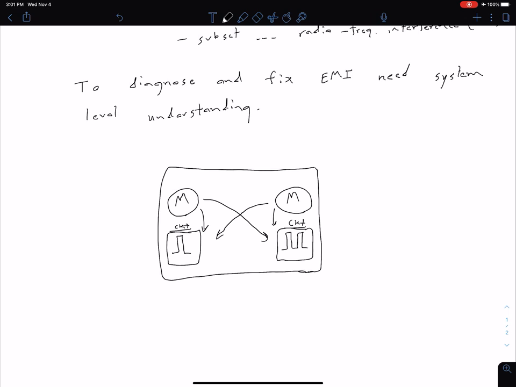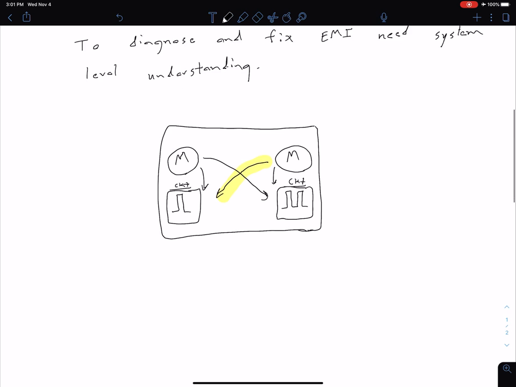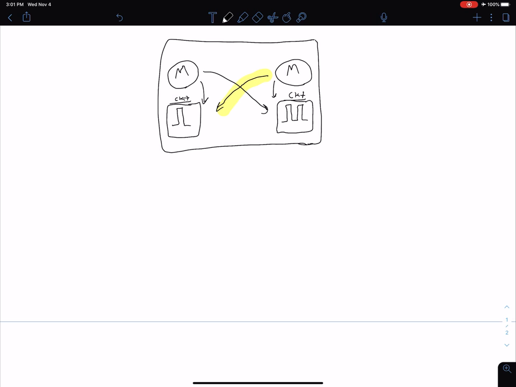We're going to describe a little more about what's going on when we have this interference, how it occurs in general, and then we're going to talk about some ways to fix that. In general we're going to look at a couple main categories of electromagnetic interference.